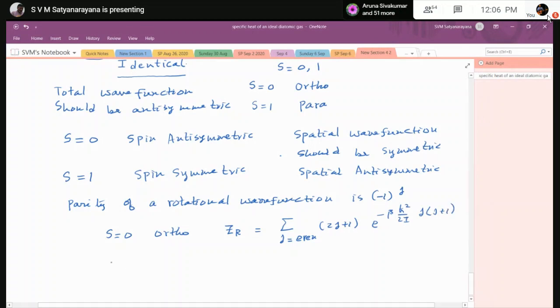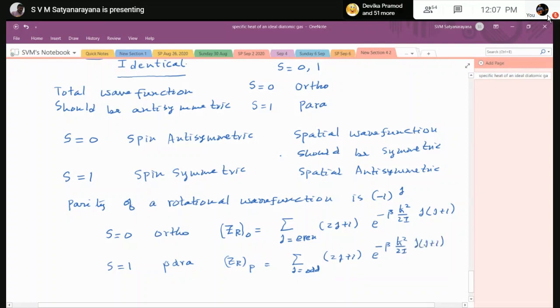And if S is equal to 1, this is your para. Maybe I should call these Z_RO and Z_RP, and that will be the same, but this J will be over all odd J, (2J+1) e^(-beta hbar^2/2I J(J+1)).